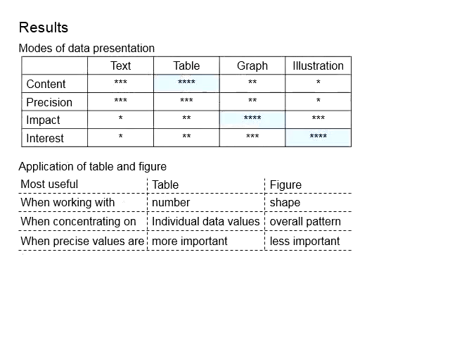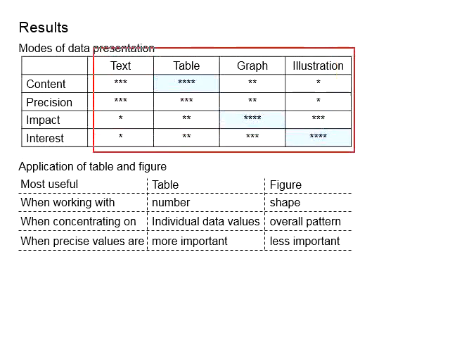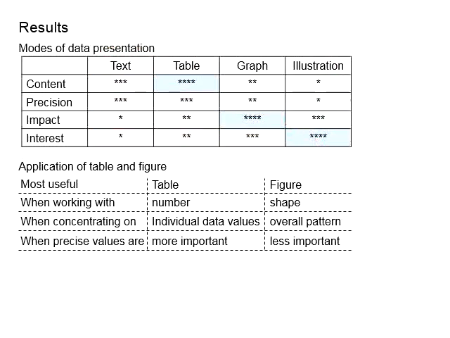Now let us discuss more the modes of data presentation, which are text, table, graph, and illustrations. There is a relative comparison in terms of their effectiveness in presenting the content, precision, impact, and interest.